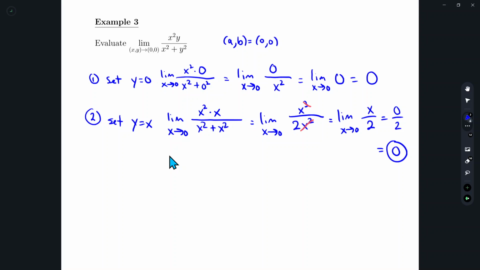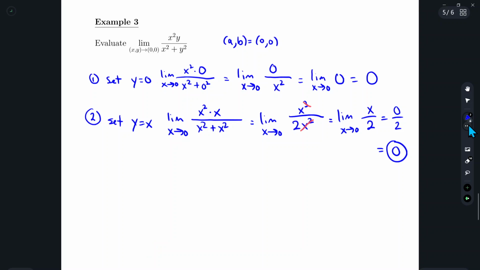Again, I'm just giving rough ideas, because in these kinds of multivariable limits, there's no single method that you can apply to every situation. But in any case, let's say we expect that the limit is going to exist, and is going to be 0.